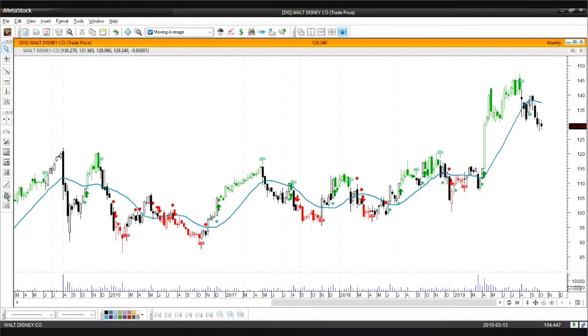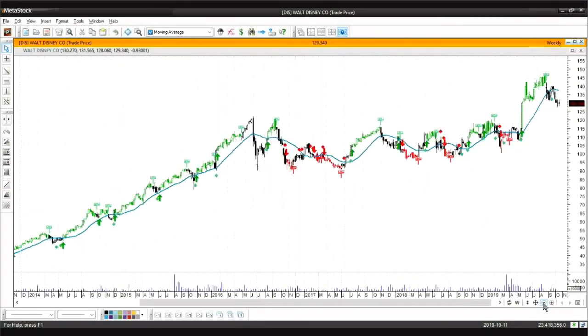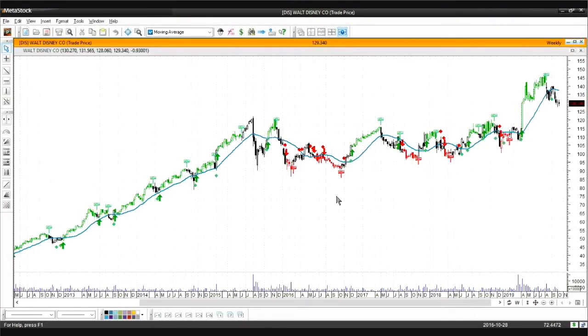Here's the weekly chart on Disney. Now, when you look at this, here's a great example that I want to show you. When it's consolidating like this, it still is going to pick off some trades for you, okay? But you'll notice that most of the triggers happen when you have a flat or very little slope on that moving average.